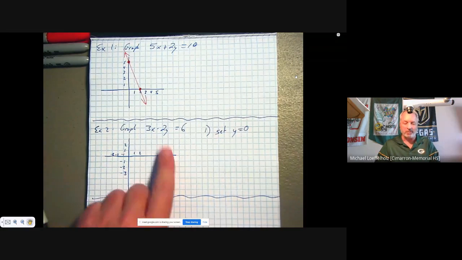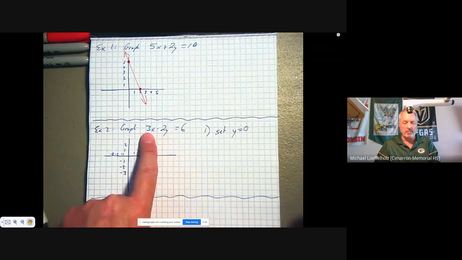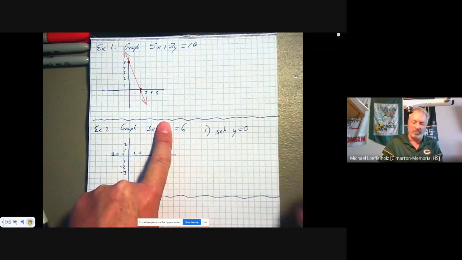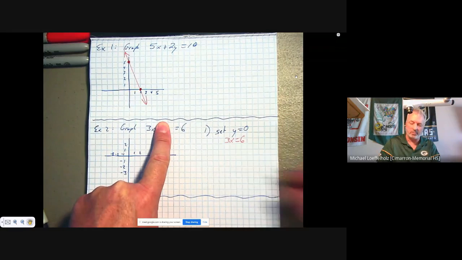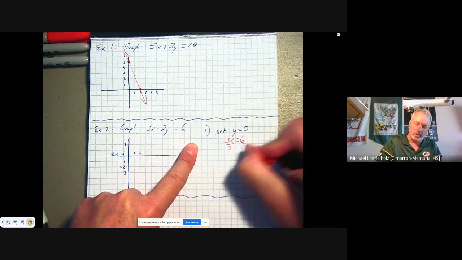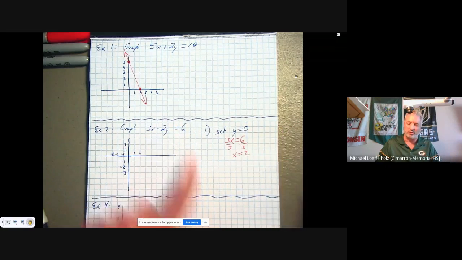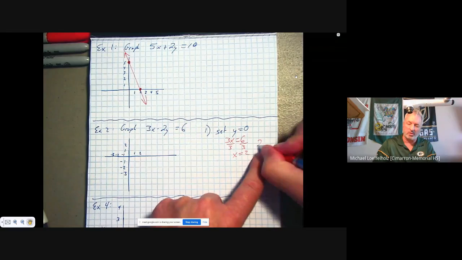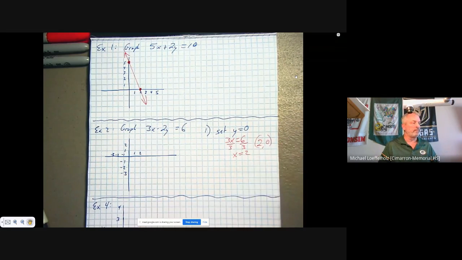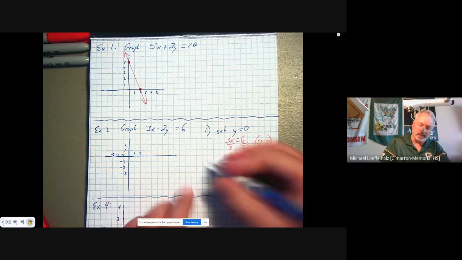If I set y equal to 0, that means this piece disappears, so I have 3x equals 6, which means divide by 3, x equals 2. So the point on my graph is x equals 2, y equals 0: (2, 0).